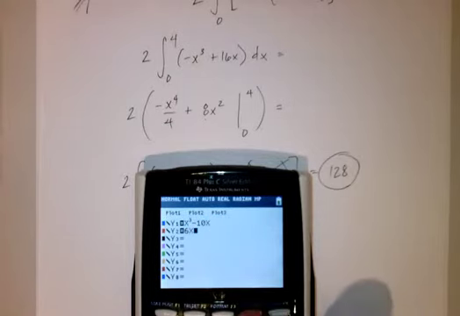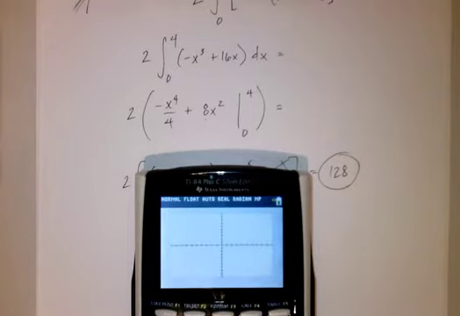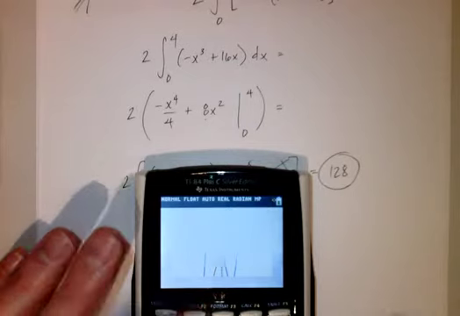Now, if I go ahead and go back to Zoom 6, I see there's my cubic, and here comes 6x. And of course, if I wanted to see it much better, I could change the scaling. I would just have to stretch it out horizontally and shrink it down vertically.